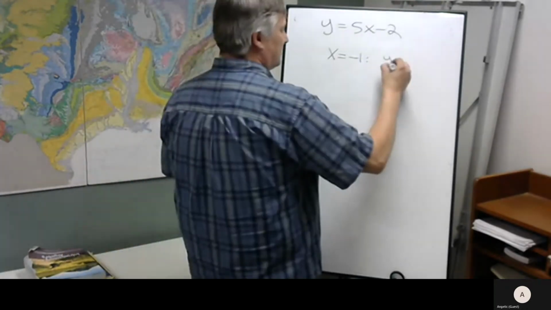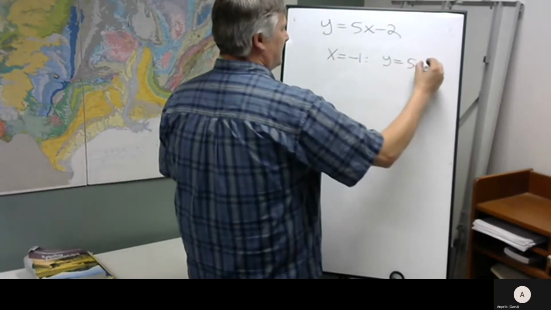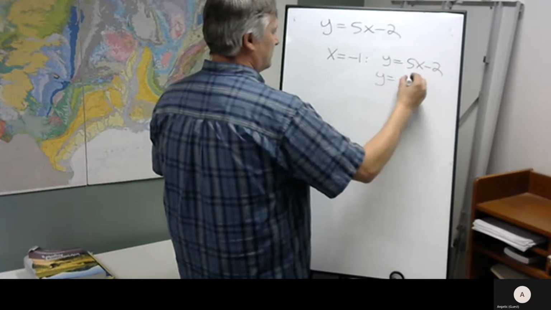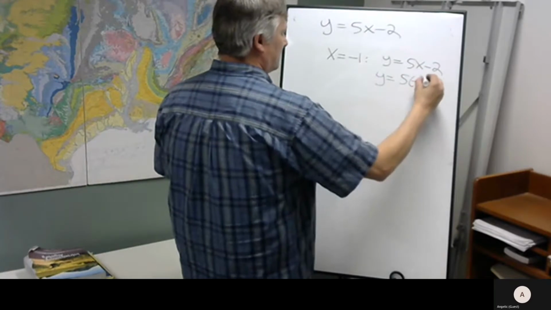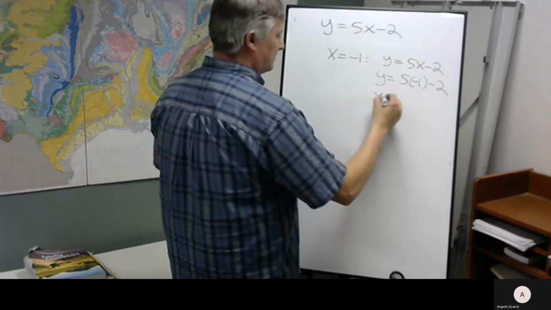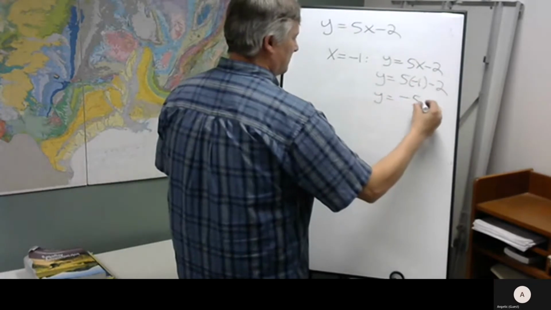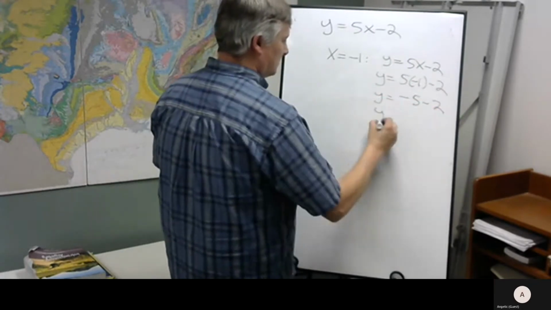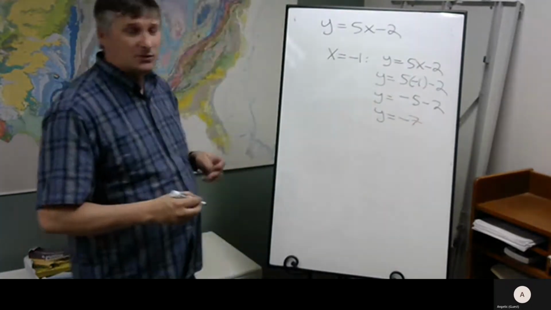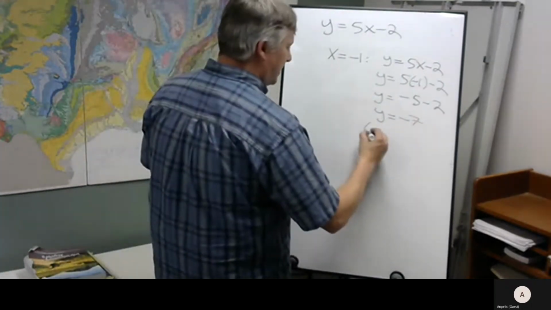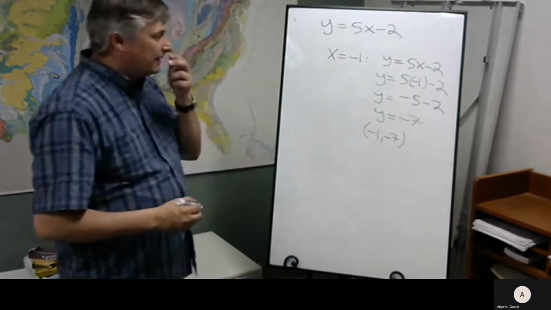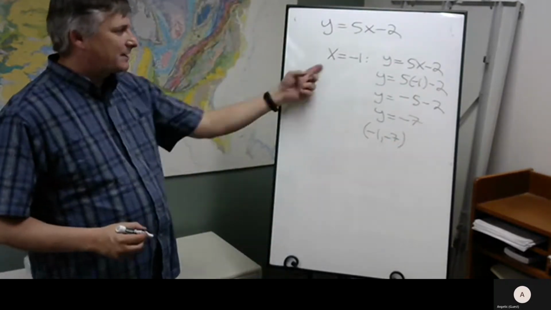So that means I take this, and we'll get that. And so what we have is (x, y) is (-1, -7). And then I went with x equals 1.